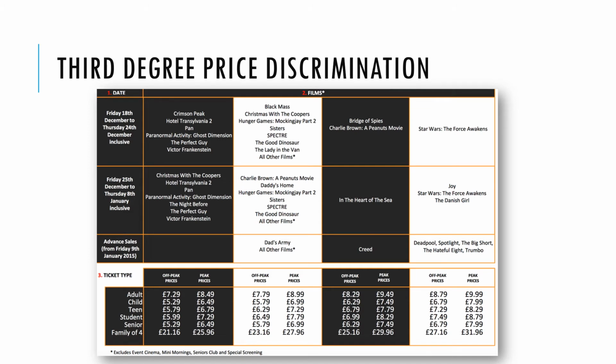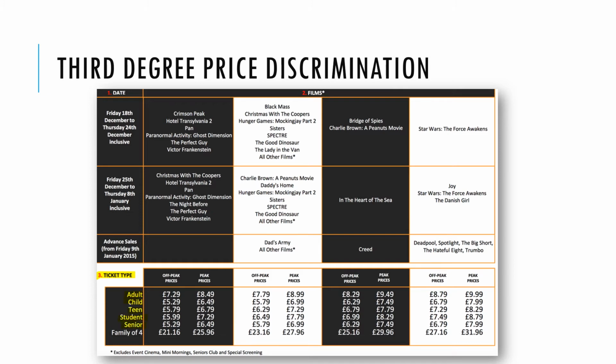Third degree price discrimination is where we charge different groups of customers different prices based on their price sensitivity. So if we go down here, this is an example of cinema tickets in the bottom left hand corner, and we can see this business has tried to identify sub-segments of consumers.